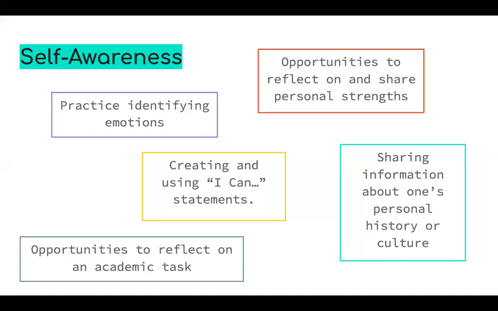So let's start with self-awareness. This is an incredibly important skill, and something that even if students aren't face-to-face in front of us, we still need to give them opportunities to practice. So for example, we might have tasks for them that give them practice identifying emotions, creating and using I can statements, maybe opportunities to reflect on and share personal strengths.